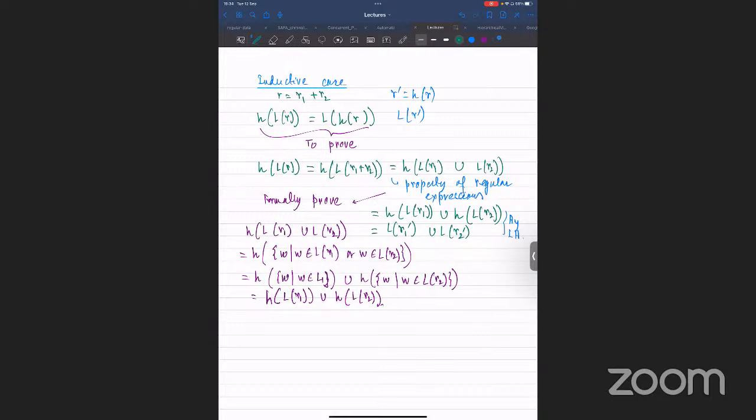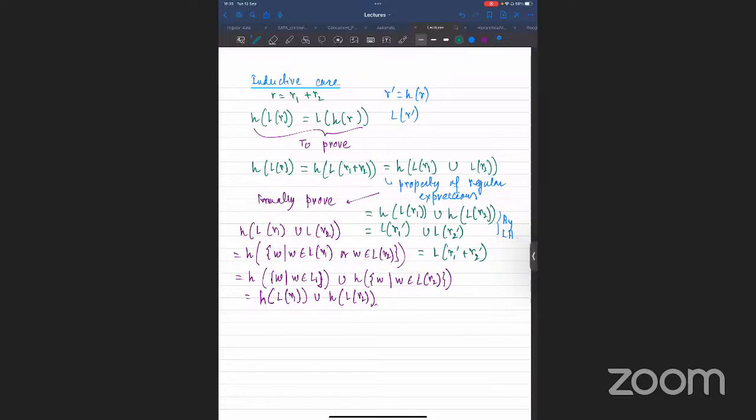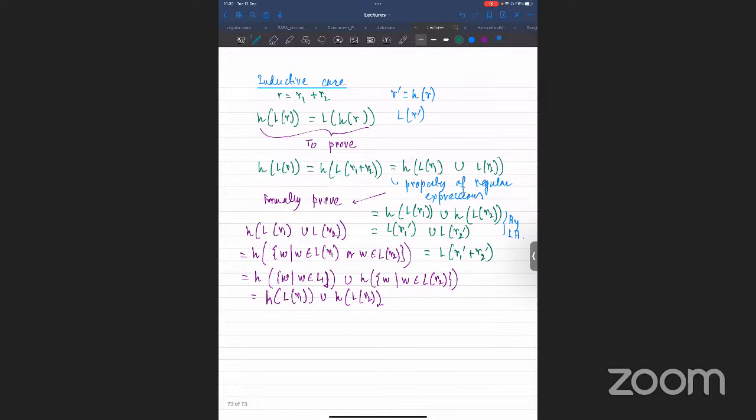This is L of R1 prime plus R2 prime. Correct? Now again, this is by property of regular expression. Then what else?